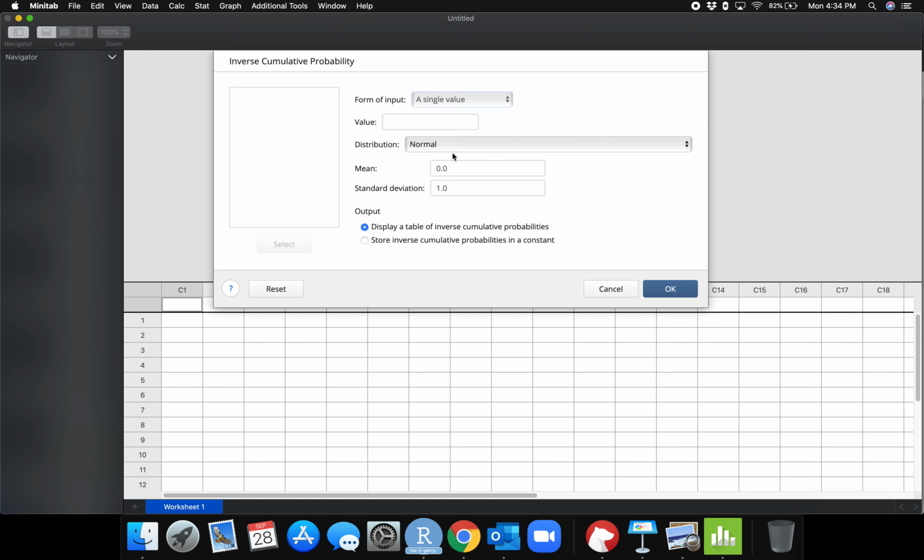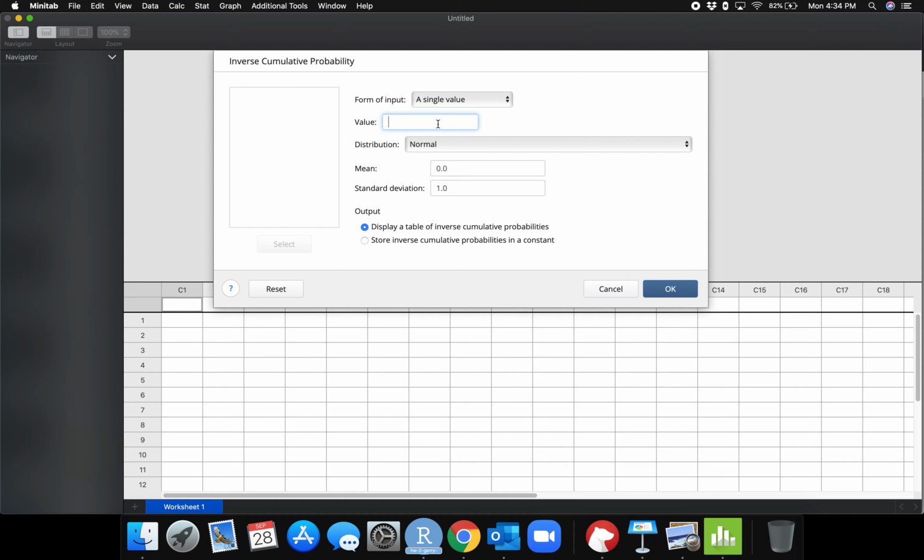Okay? We're always going to use, for this confidence level kind of stuff, the mean and the standard deviation of 0 and 1. So we're always going to use the standard normal distribution here. So just leave mean 0, standard deviation 1 alone. Okay? And the value in here is the percent that lies to the left of this point.